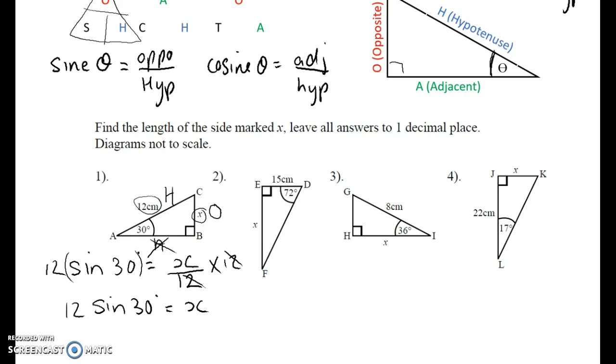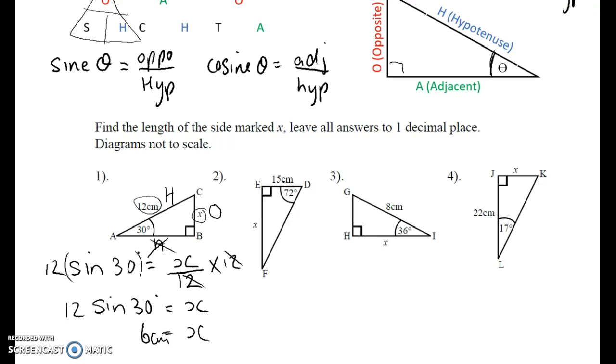Then you get your trusty calculator out. You do have to use your calculator at the moment, and just type in 12 sine 30 degrees, and you will see that it is equal to 6. And they've given us the units in there, so I know that x is 6 centimeters.